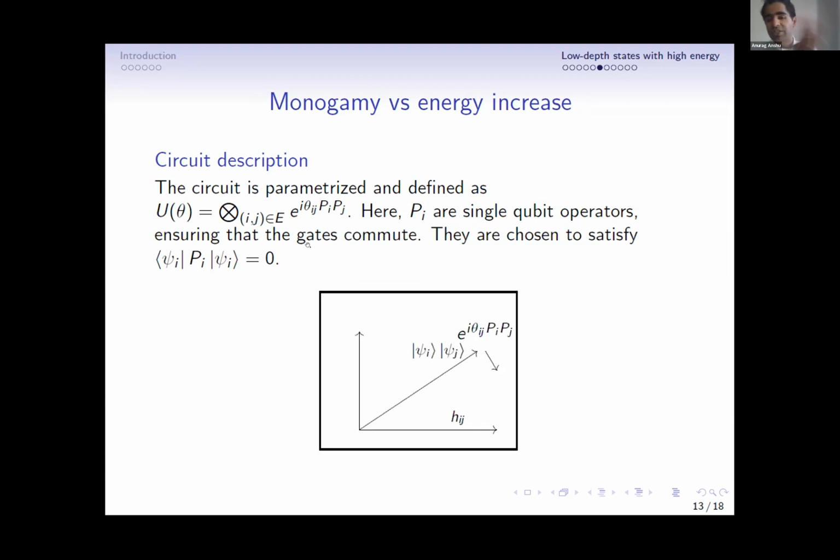And the rough picture that we have in this case is the following. Here's what the circuit tries to do. Let's imagine a space, and let's imagine an edge, say edge 1 and 2, where i is 1 and j is 2. On the edge 1 and 2, my product state looks like psi_1, psi_2. Let's say it's a vector in a certain direction.